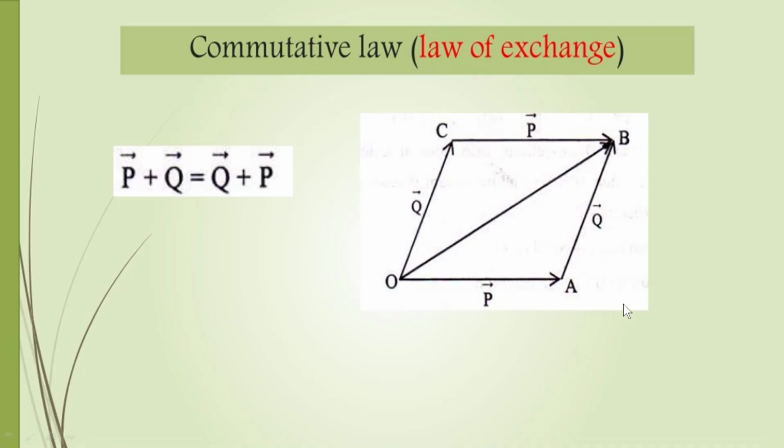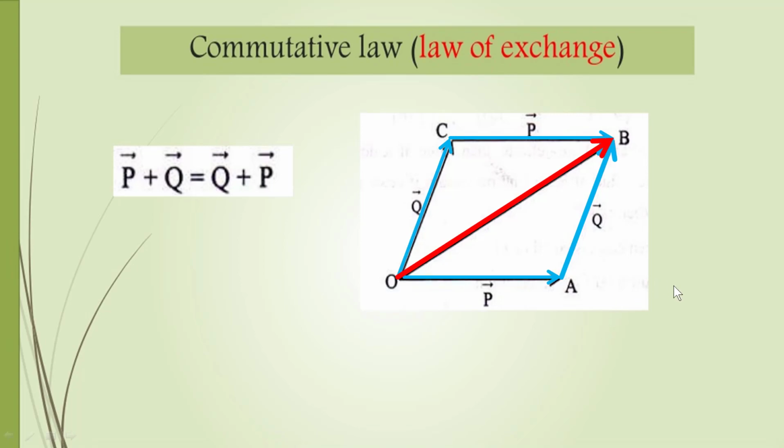Okay, so it doesn't matter what the order of addition is, whether you use q plus p, this will be the resultant, or you use p plus q, again the resultant will remain the same. So order is not important, p plus q is equal to q plus p. So the commutative law holds in vector addition.